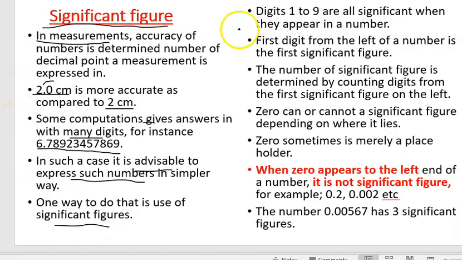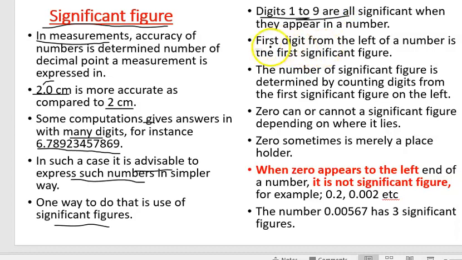Now, I want you to notice that digits from 1 to 9 are all significant figures whenever they appear in a number. So if you find a number with digits 1 up to 9, all those digits are significant regardless of the place where they appear, right?